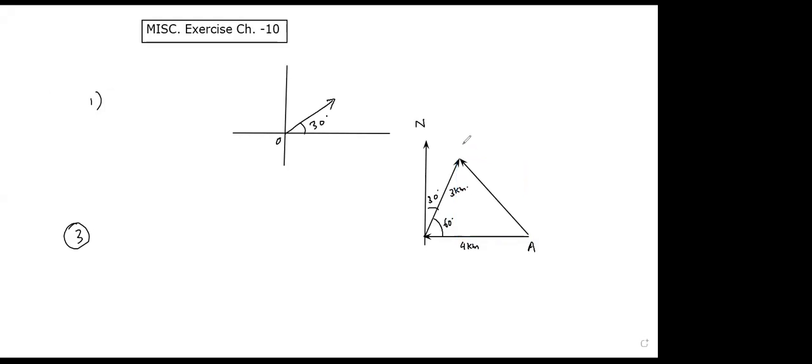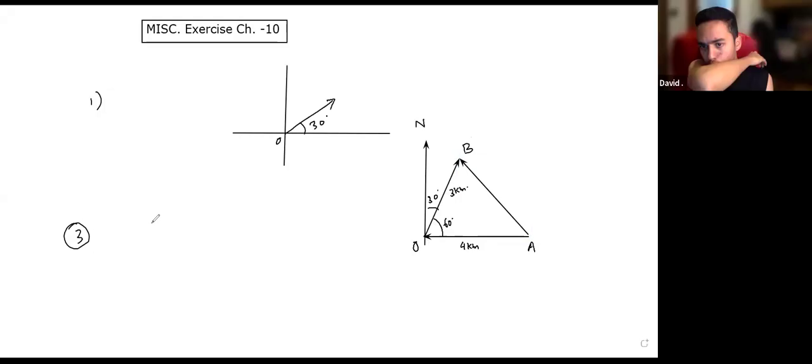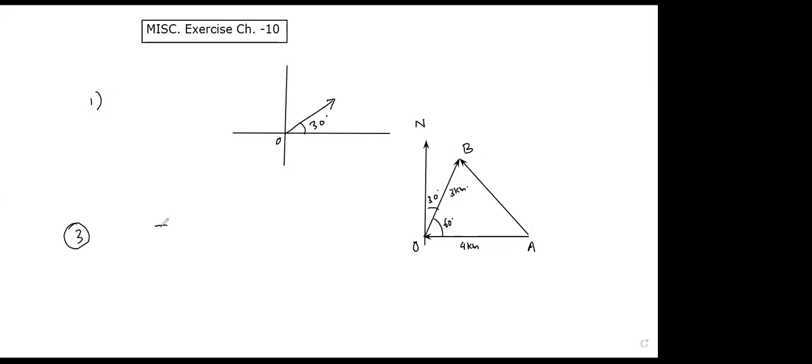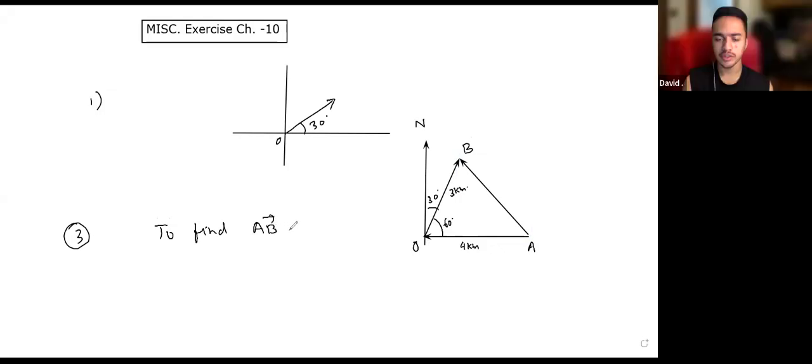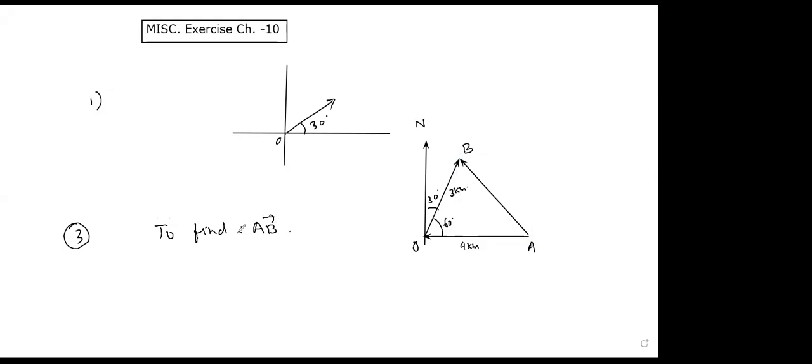We take this point as B. Let us take this as origin O. Then we need to find the AB vector. And we know that AB vector is OB vector minus OA vector.